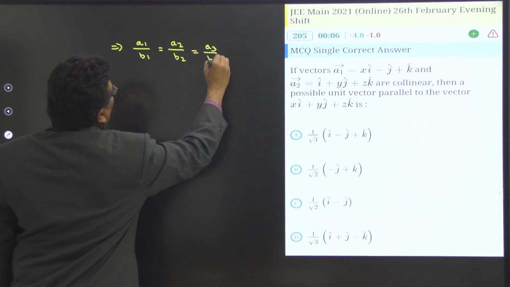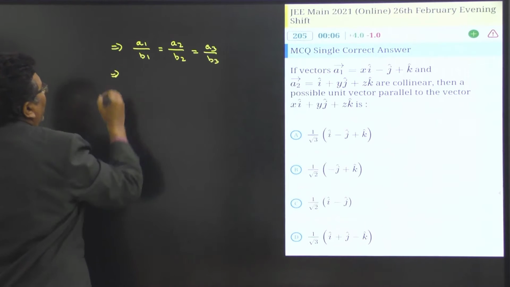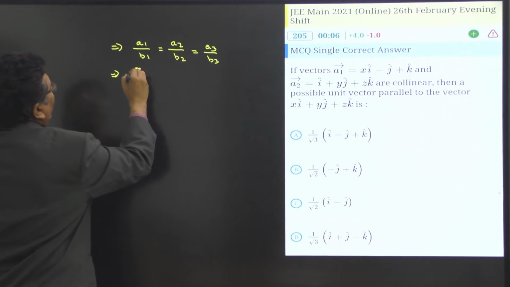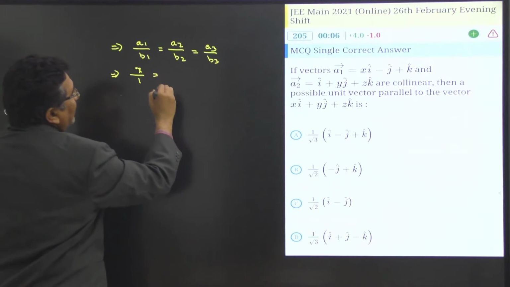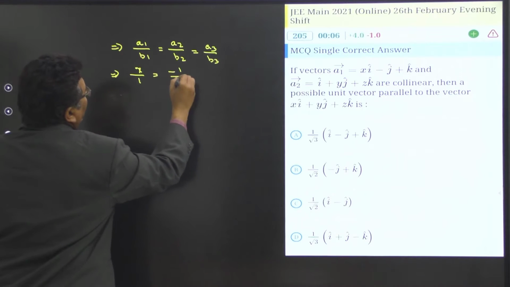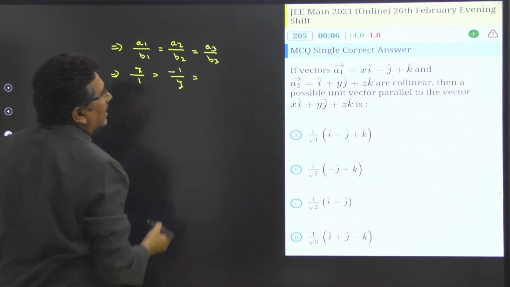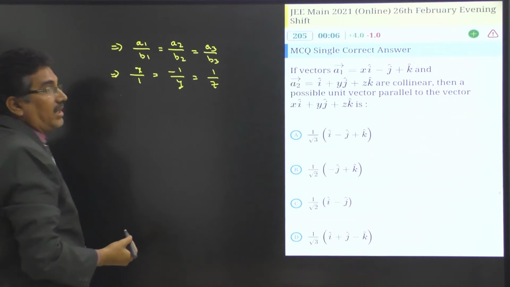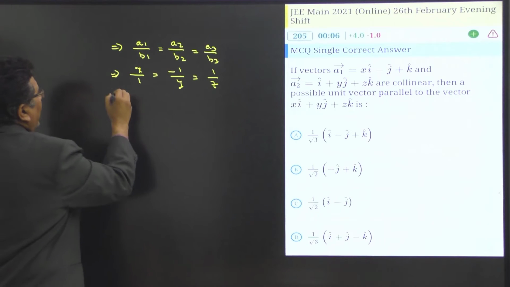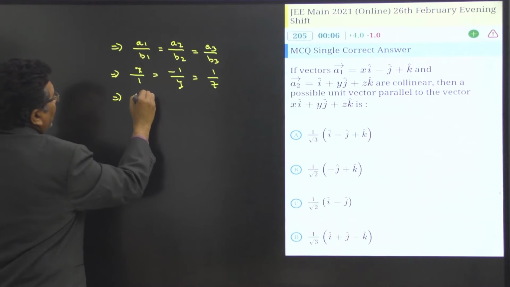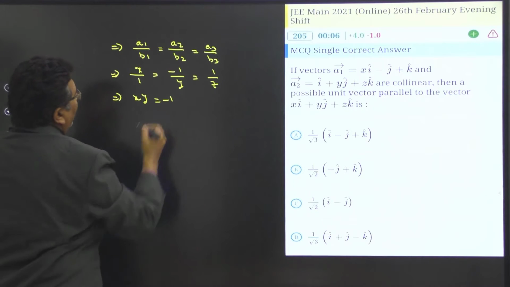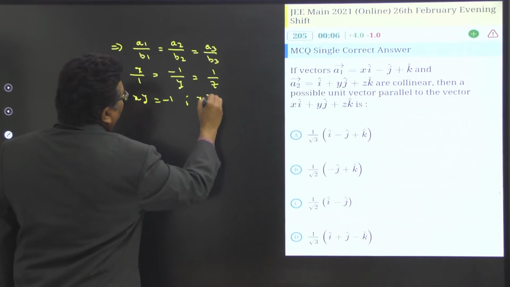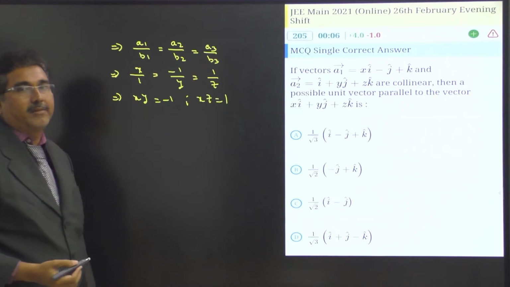Applying this proportionality, x by 1 is equal to minus 1 by y, that is equal to 1 by z. That implies xy is equal to minus 1, and xz is equal to 1.